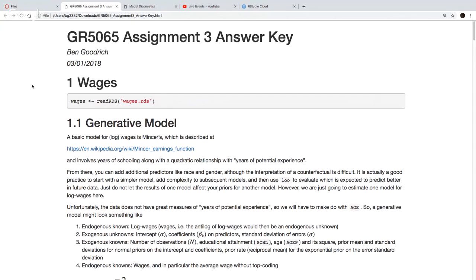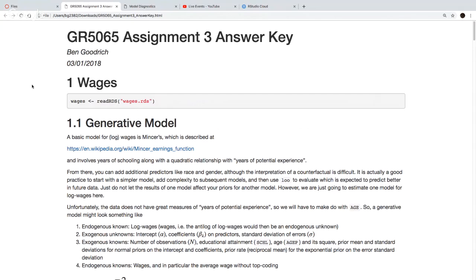Exogenous knowns: the number of observations, the number of predictors, etc. In this case, predictors are educational attainment and age plus squared age. And then also in exogenous knowns, you're putting the prior means and prior standard deviations.